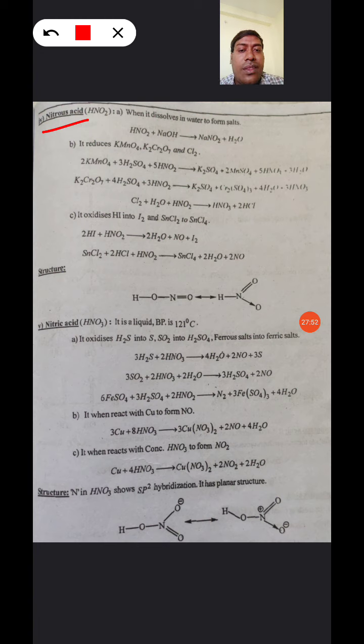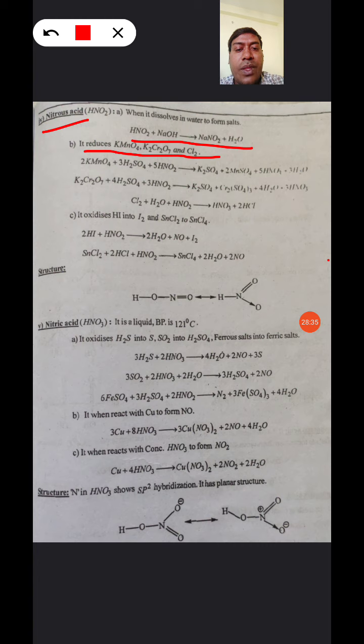This nitrous acid dissolves in water and forms salts. And it reduces KMnO4, potassium permanganate, K2Cr2O7, potassium dichromate, and Cl2.